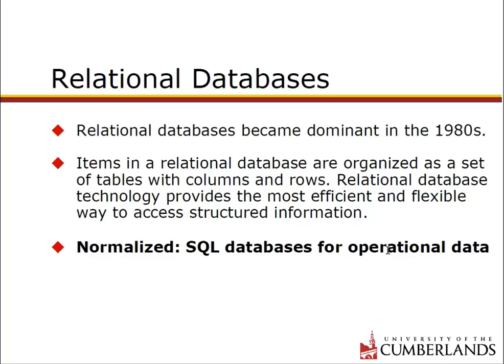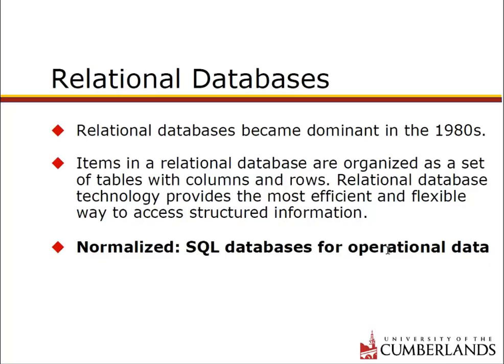What makes relational databases powerful is the ability to establish relationships between tables through common fields, which we typically call keys. For example, both the customers table and the loans table might have a customer ID column, which allows you to connect customer information with their loan details.